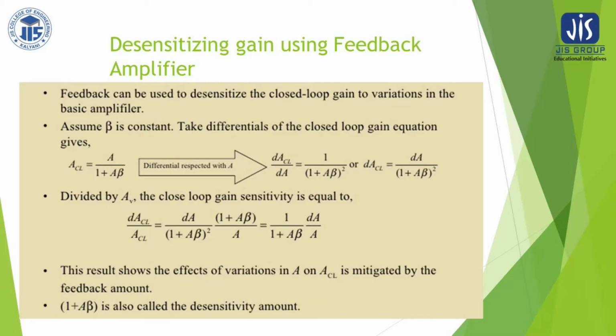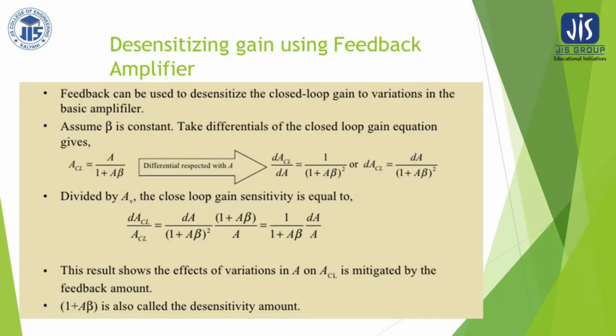If you take a derivative with respect to A, then you can write dAF by dA equals (1 plus A beta minus A into beta) divided by (1 plus A beta) whole square. So this gives you 1 by (1 plus A beta) whole square.